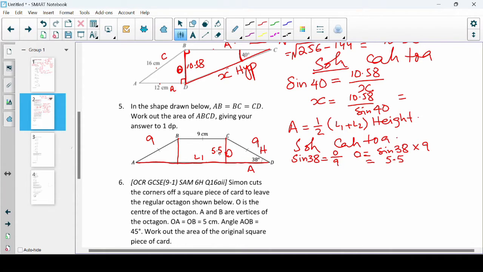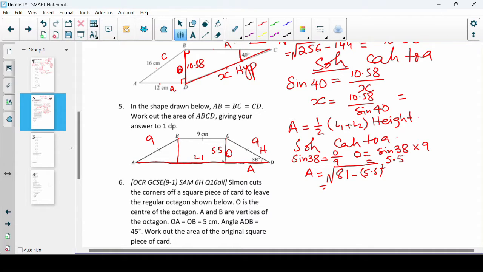If we know 5.5 is the height and this is 9, we can use either the trigonometry or the Pythagorean theorem as well. We can find this a as well. So a is equal to the root of 81 minus 5.5 squared. So this will give us the a.